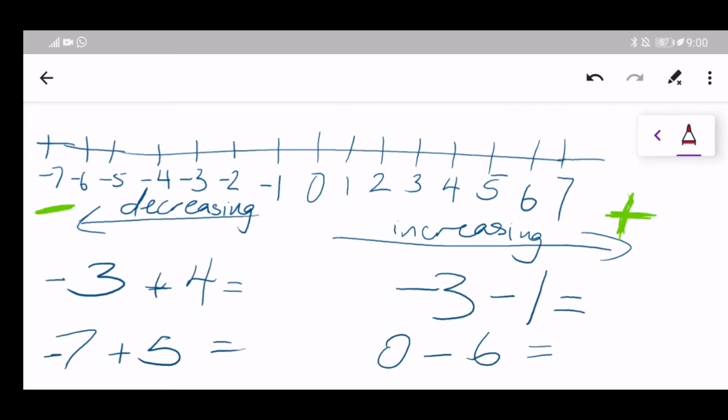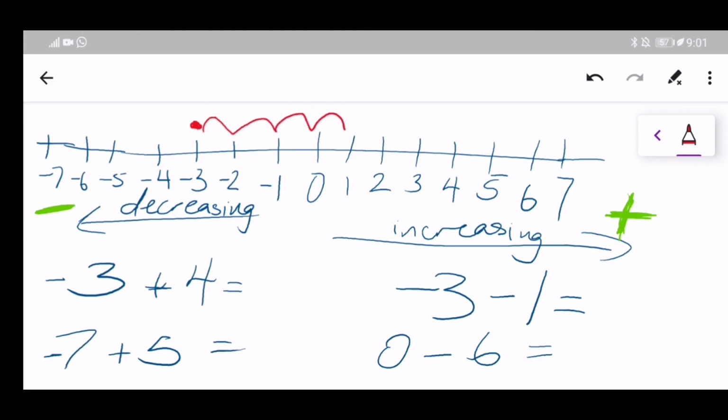So we have here minus 3 plus 4. Because minus 3 is first, we're starting from negative 3, which is right here. And we have plus 4, so we're going in this direction 4 times. 1, 2, 3, 4.